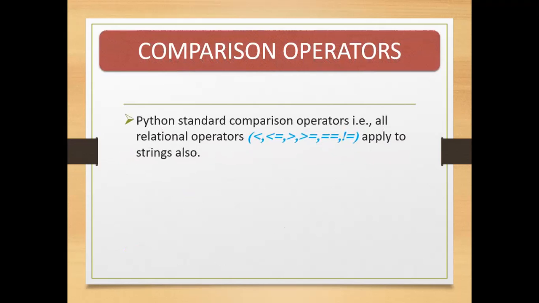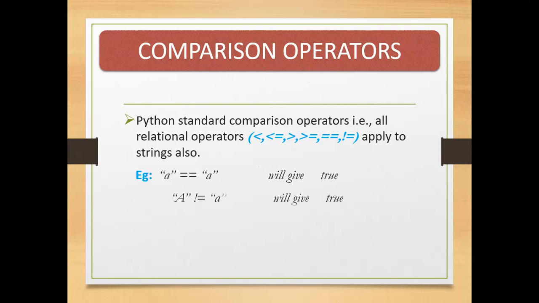Then we learnt about the comparison operators, the relational operators. So these are the standard relational operators of Python, and they apply to all the strings, that is more than, less than, more than or equal to, less than or equal to, or not equal to.